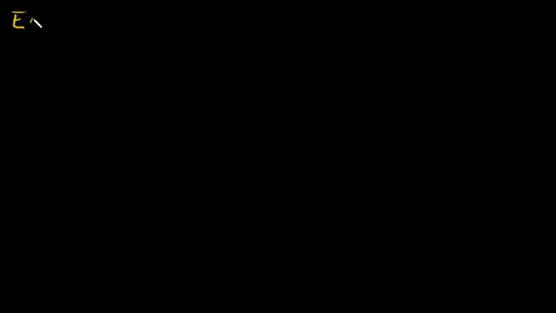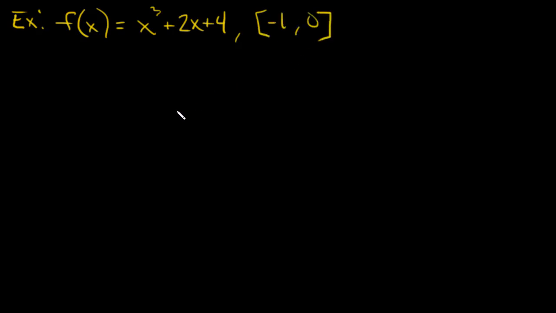So then we clear the screen. For the example, let's say that we have f of x is equal to x cubed plus 2x plus 4. And we're going to give the domain from -1 to 0. Okay? So the first thing that we're going to do is figure out what the average slope is.